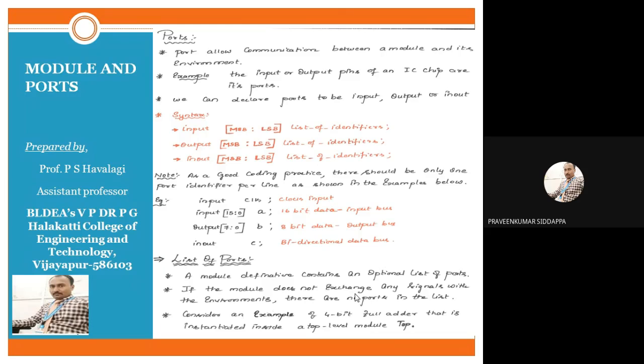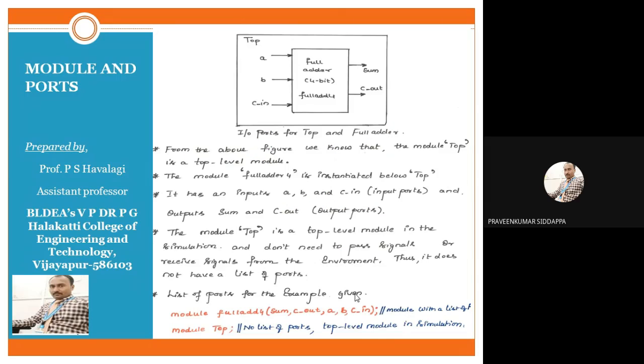A model definition contains an optional list of ports. If the model does not exchange any signals with the environment, there are no ports in the list. Consider an example of a 4-bit full adder that is instantiated inside a top-level model, top. With the theoretical concept we have written, we have drawn the block diagram.